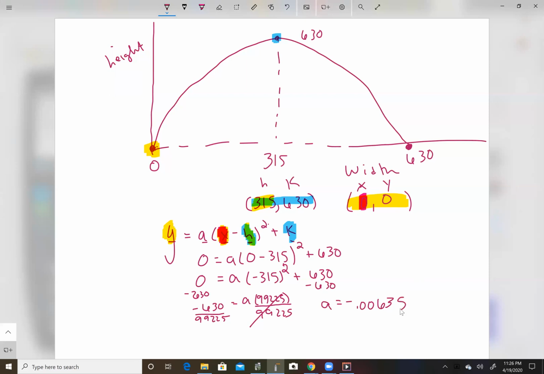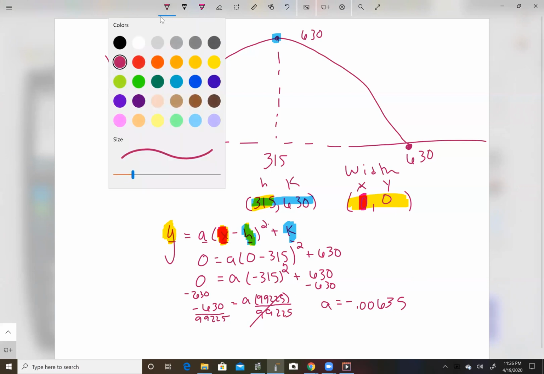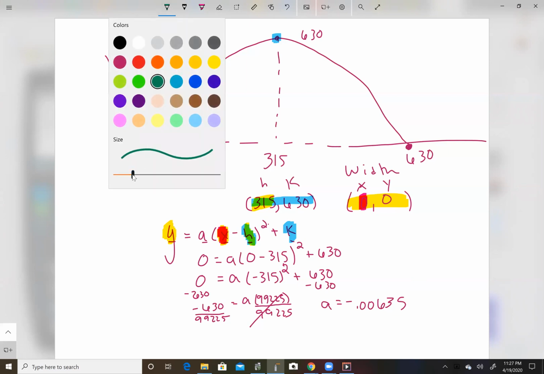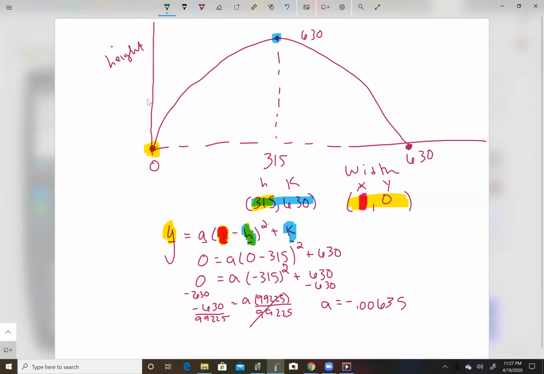So my equation, when I go back and put it in, I'll do this in a different color. Let's make my equation green. This is what I need to type up on the slide, and I just want to maybe make that a little bit bigger.